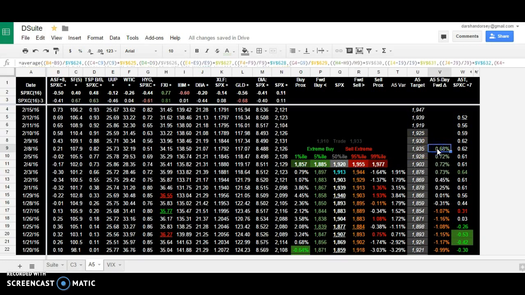And then we have some other interesting supporting factors. This is just your 5-day forward, so this is what the projected target is based on. But then you also have some other interesting edges which are giving signals as well over to the right here. So those are good to keep an eye on as well.